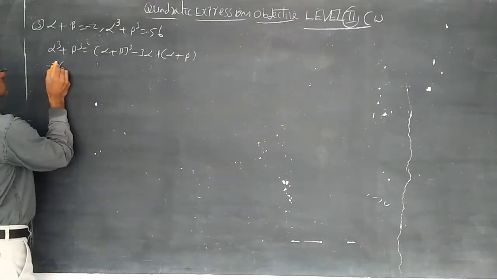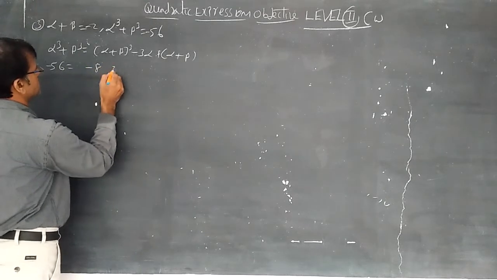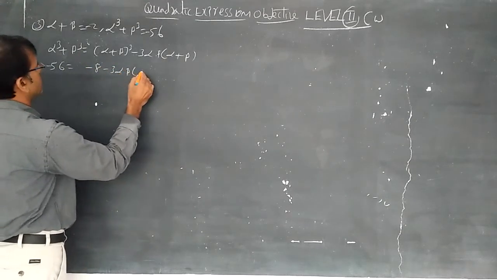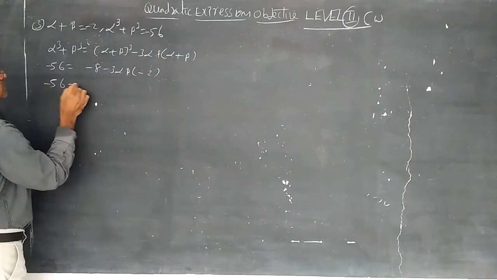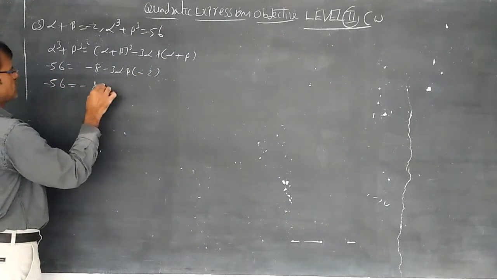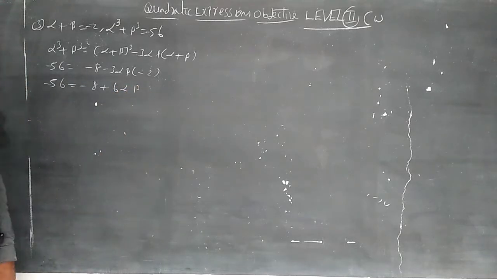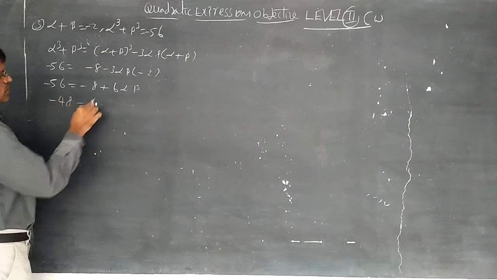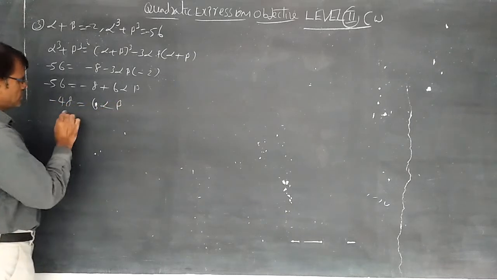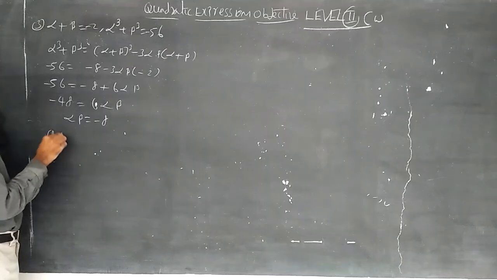You can write this: minus 56 is equal to minus 8 minus 3 alpha beta into minus 2. So minus 56 is equal to minus 8 plus 6 alpha beta. Minus 8 again, this becomes minus 48. Minus 48 is equal to 6 alpha beta. Alpha beta is equal to minus 8.